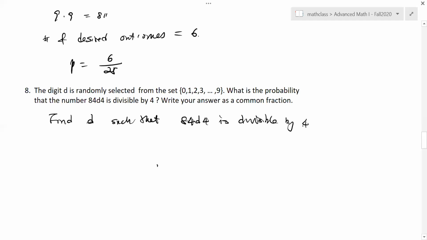So how do you determine this? Can you quickly check how you test whether a number is divisible by 4?